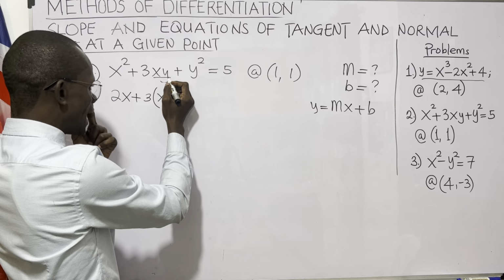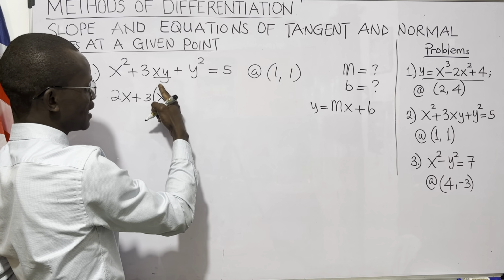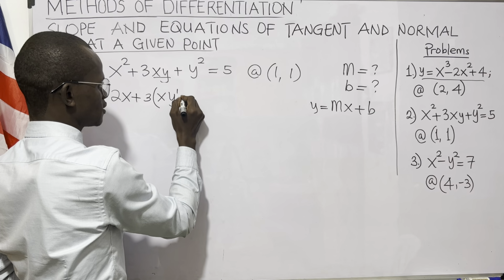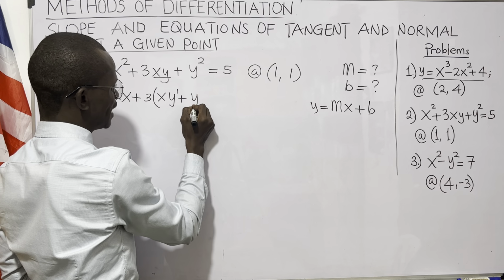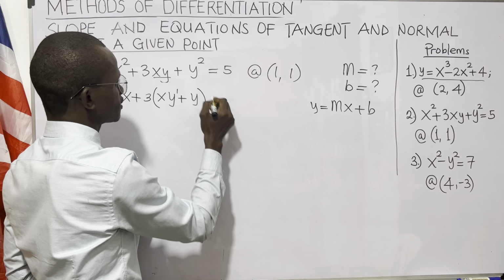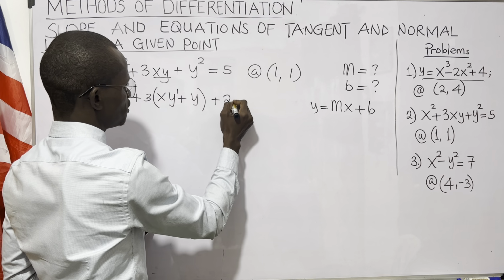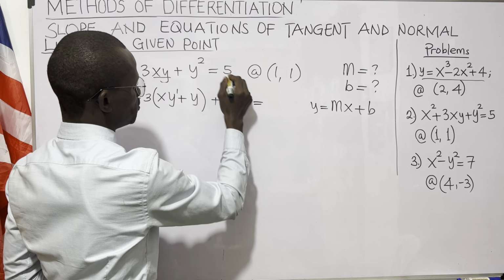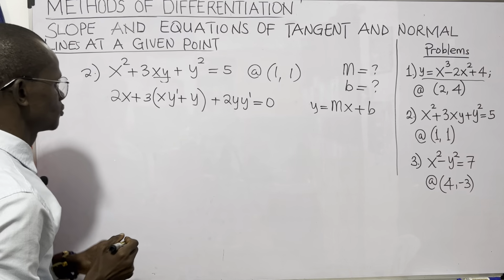So the derivative of y is just 1, but because y is the name of this function, we attach y prime. Plus, we hold y now, and then we differentiate x, we get 1. Plus y squared, so we differentiate y, gives us 2y, and we attach y prime to it. The derivative of 5 gives us 0.